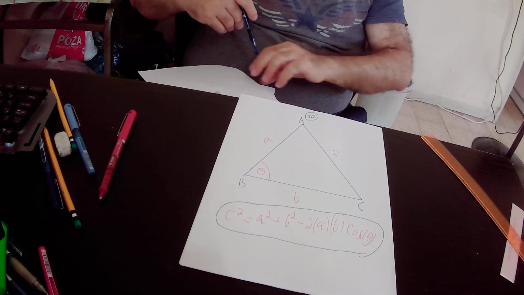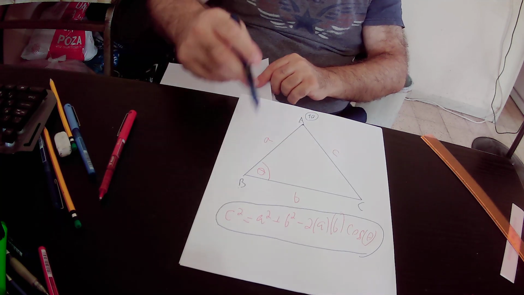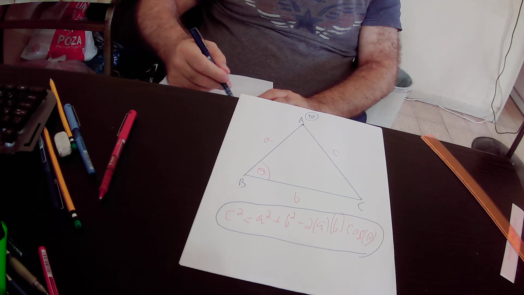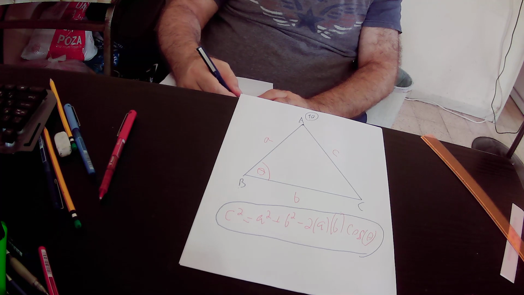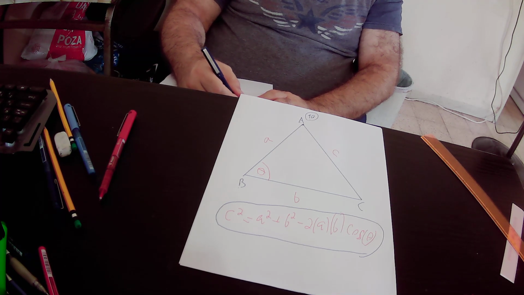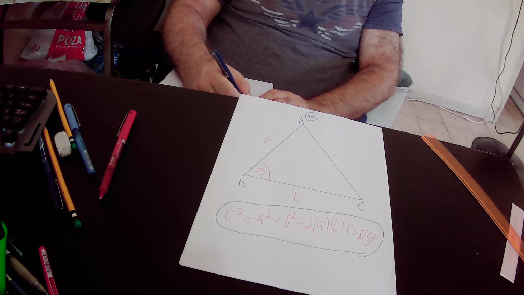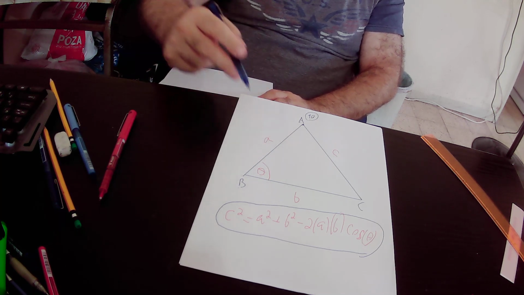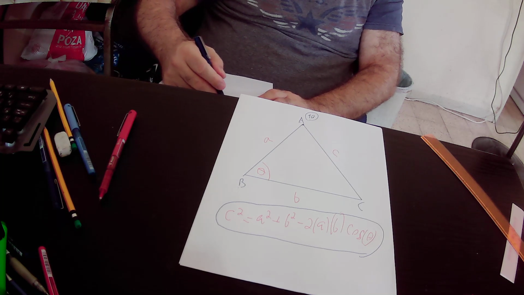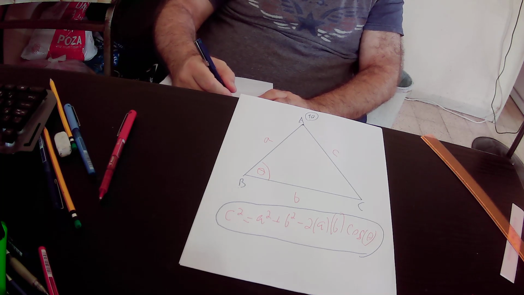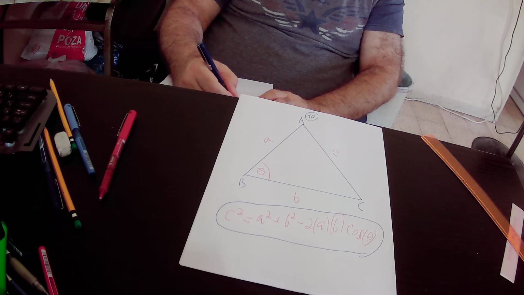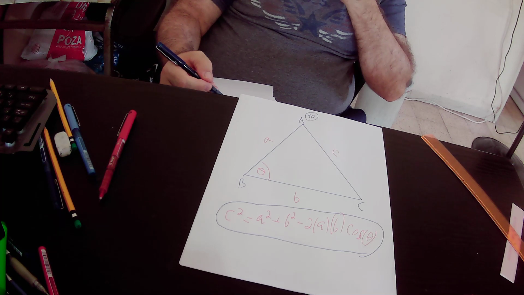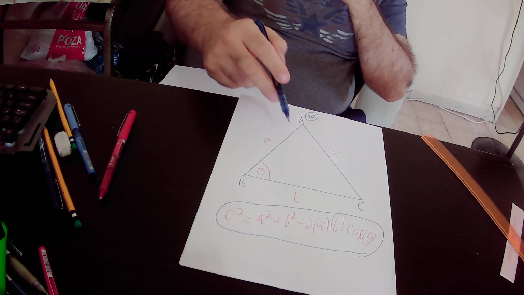So C squared is, since C equals 14, 14 squared, and 14 squared is 196, equals A squared. A equals 13 units, so A squared is 13 squared. 13 squared is 169, plus B squared.